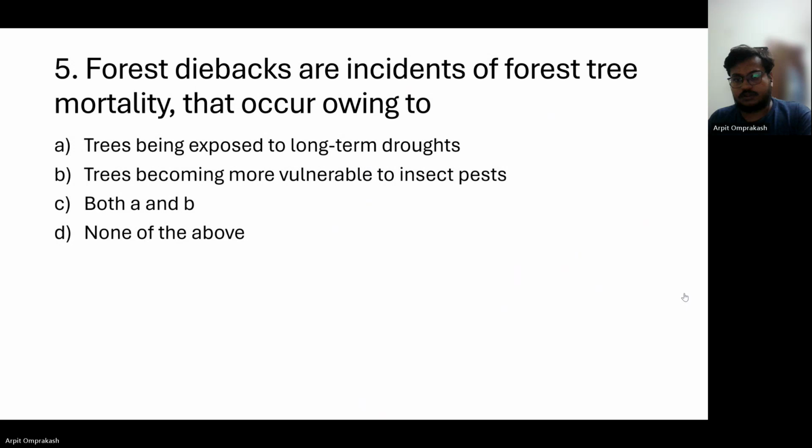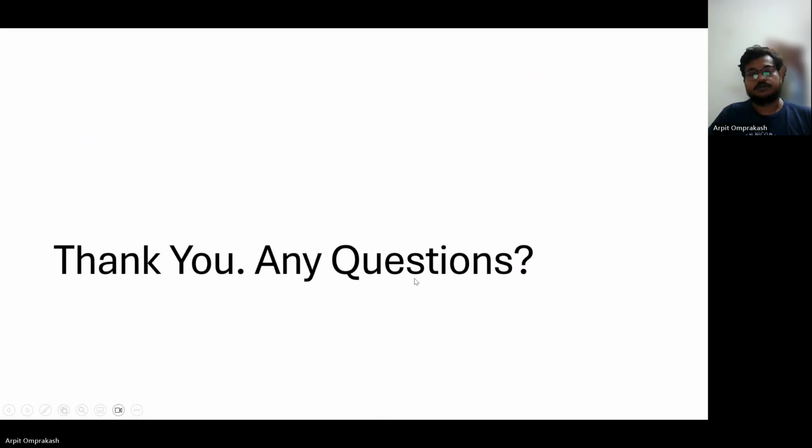Right. The answer here is C, both A and B. Forest diebacks are incidents of forest tree mortality occurring because of long-term droughts and trees being more vulnerable to insect pests, which is occurring because of global warming.